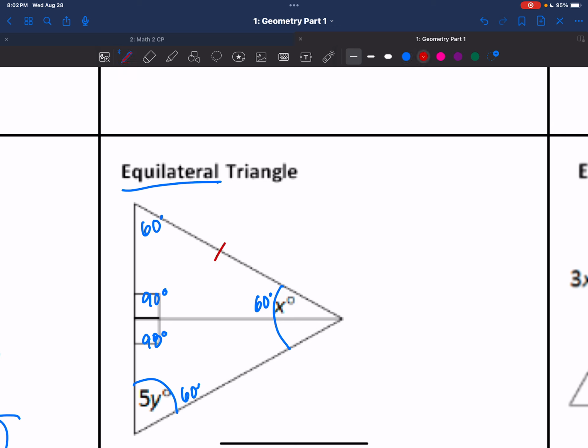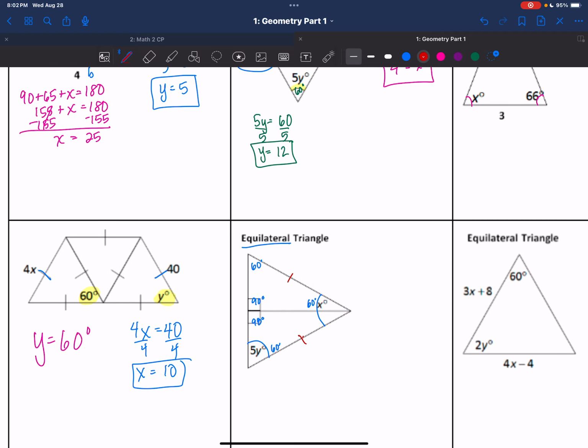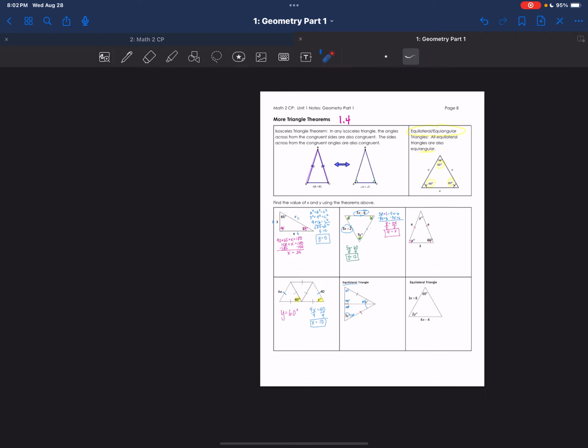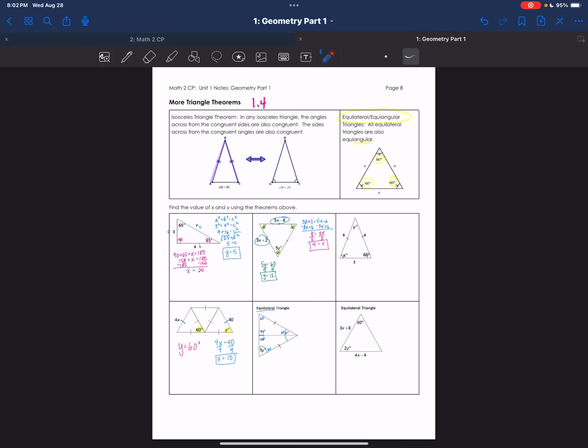So if this is 60, the opposite side should be 60, so these should be the same. And then this whole thing should be the same as the other two lengths. So I marked it up for you. You're going to finish this one, and then you're going to do the same thing for this one. These are a little bit trickier, but you can do them.